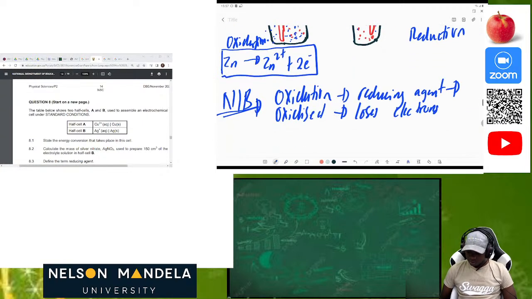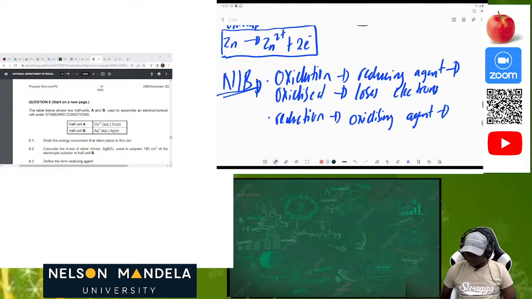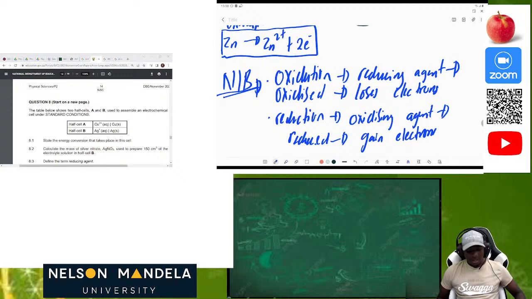Now reduction is the opposite of the above. Reduction will be the oxidizing agent, which is going to be reduced. Then it gains electrons.